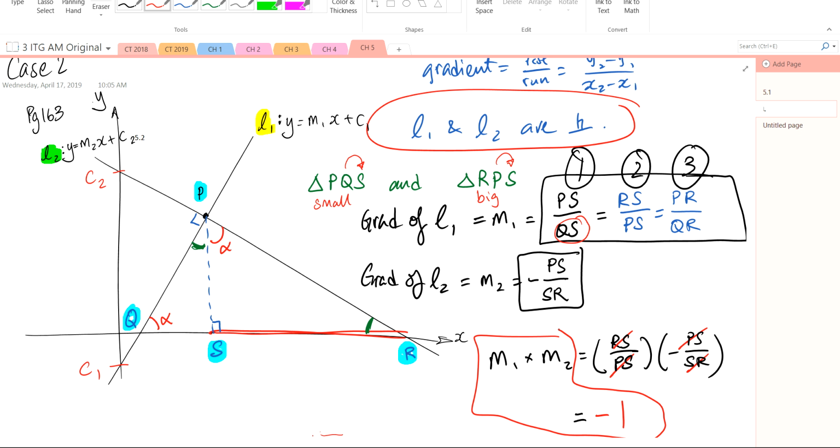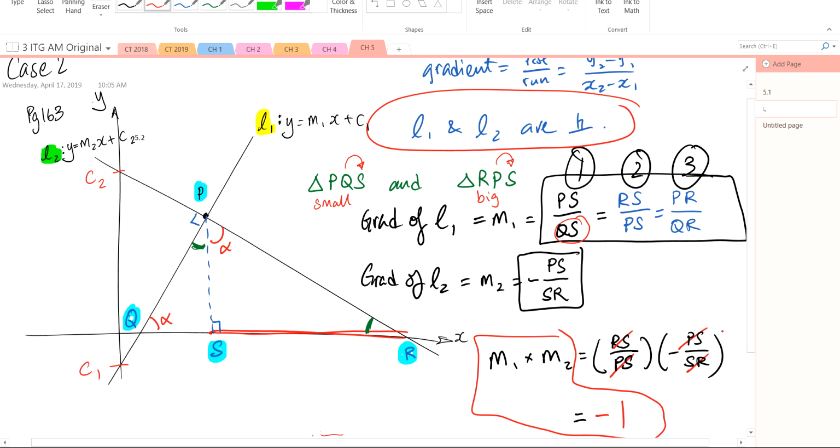I did not. Did I give you any specific values for the coordinates for these lines? I did not. These are all general statements that apply to a general case. And this general case only has one restriction, which is the lines are perpendicular. Get it?